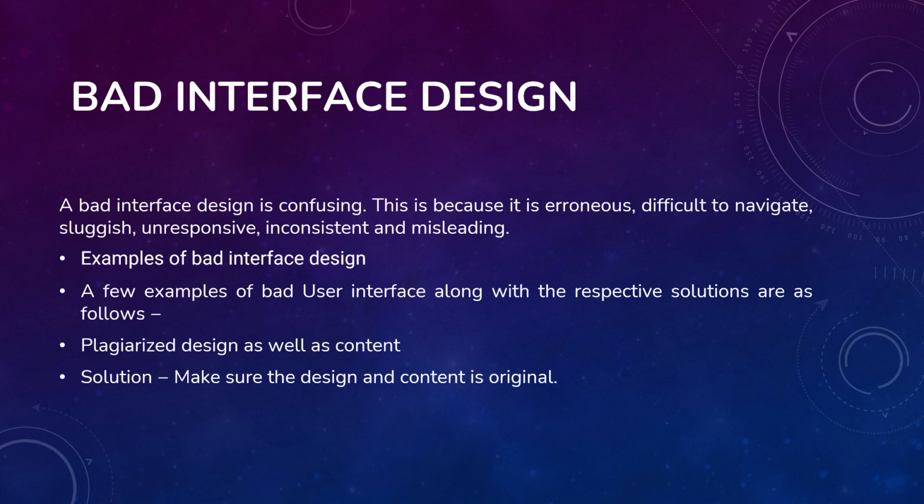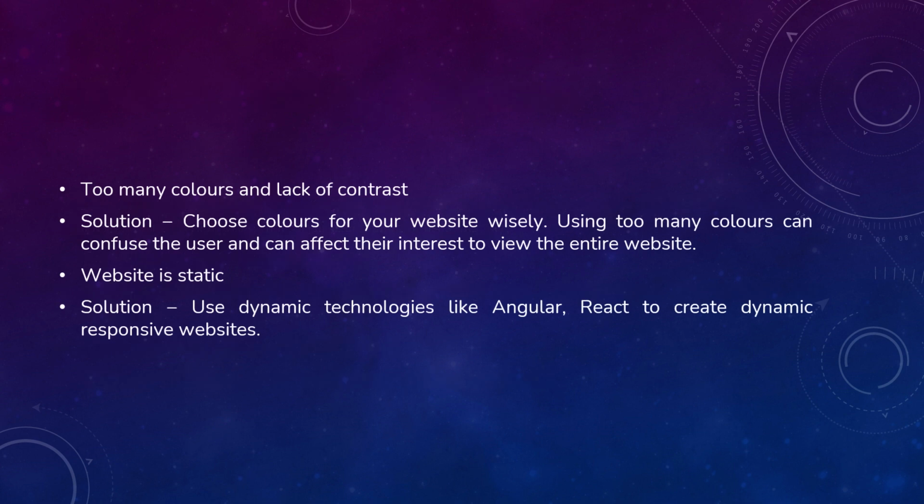A few examples of bad user interface along with their respective solutions are as follows. The first is polarized design as well as content. Solution: make sure the design and content are original. The second one is too many colors and lack of contrast.